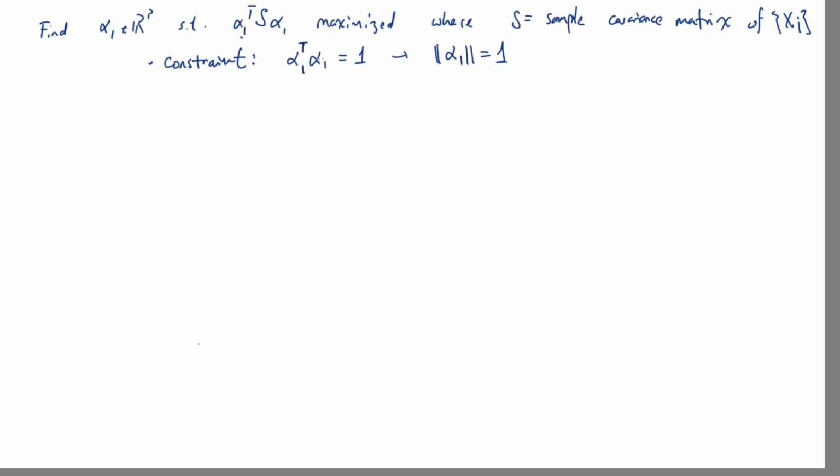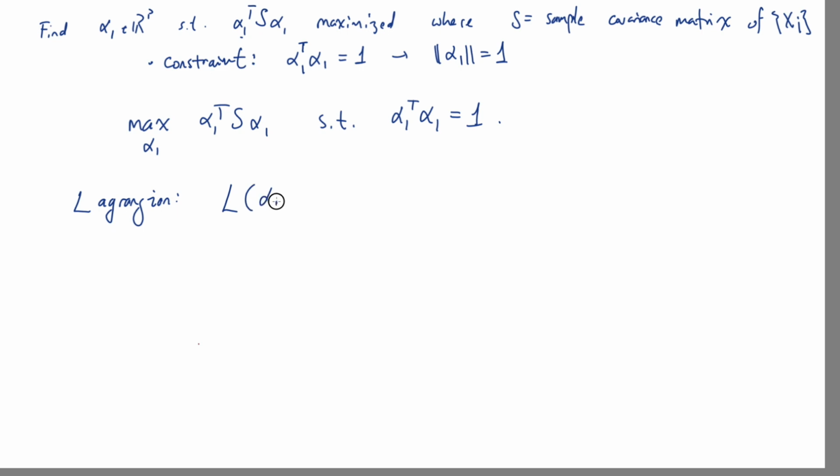So hopefully you remember from the SVM tutorial, how do we solve things like this? Well, we want to maximize something subject to a constraint here, okay? And the way we do that is we set up the Lagrangian. The Lagrangian is a function of the variable we're trying to maximize with respect to, and a Lagrange variable, we'll call it lambda.